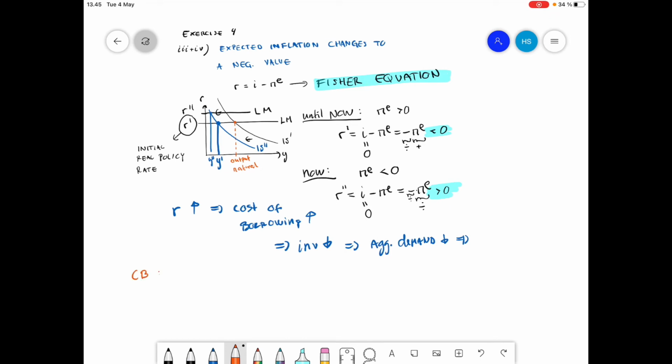So what the central bank could do in order to enhance GDP, to offset the negative effect of a decrease in government spending. Remember, a decrease in government spending here is necessary in order to bring about a decrease in the deficit. In order to counteract the effect of a decrease in output, the central bank could lower its policy rate.